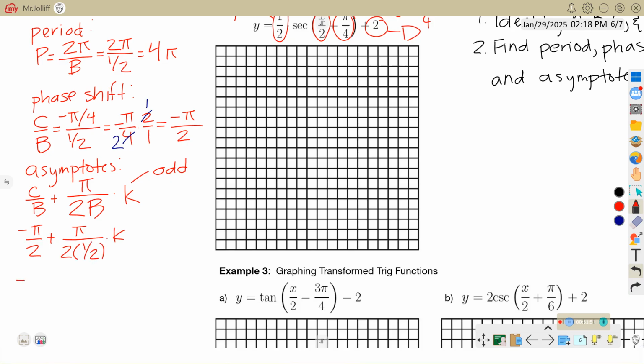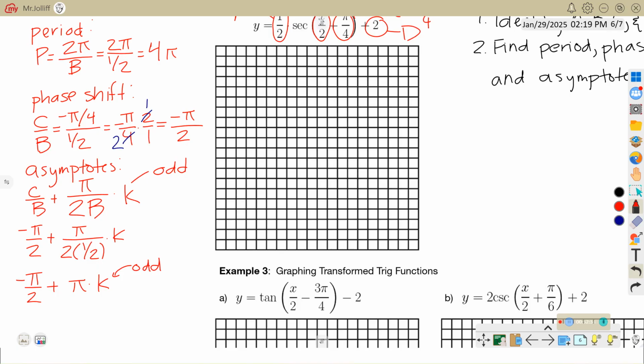So I think this is just minus pi over 2 plus pi times k, where k is odd. So negative pi over 2 plus 1 pi plus 3 pi plus 5 pi. In a minute, that's going to make sense. That should connect back to our period, and we'll see that when we graph it.